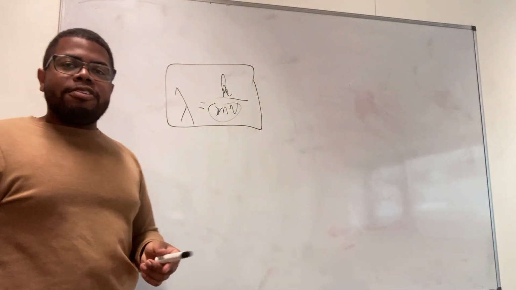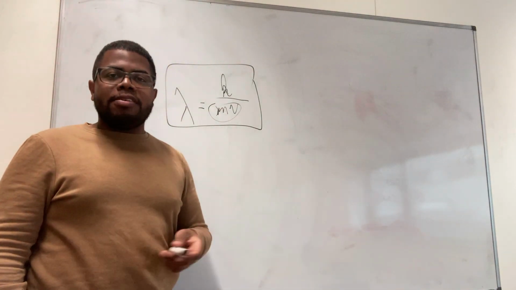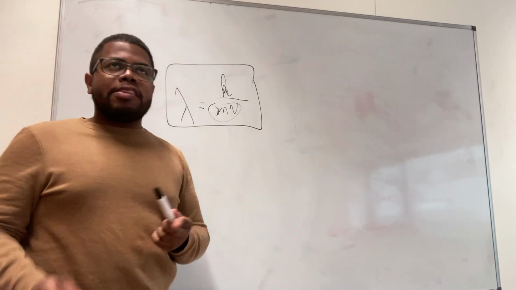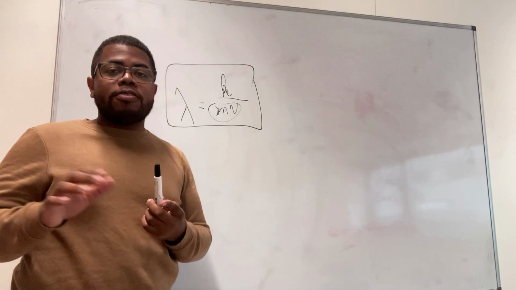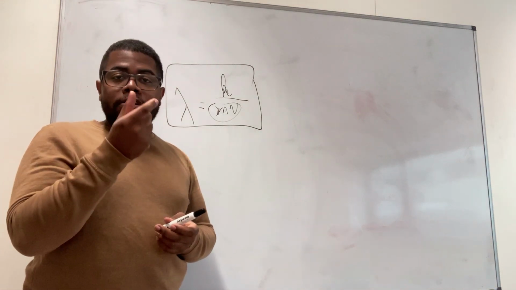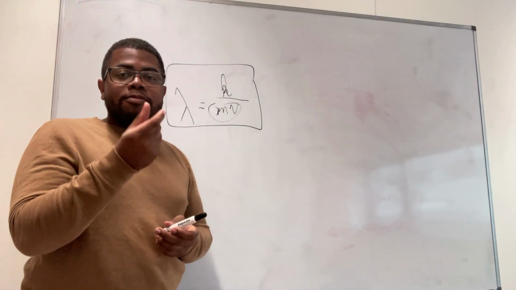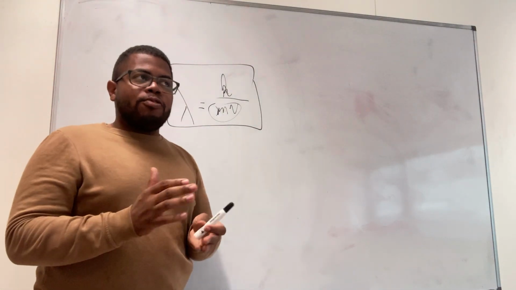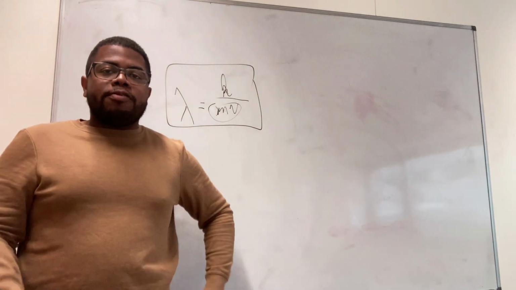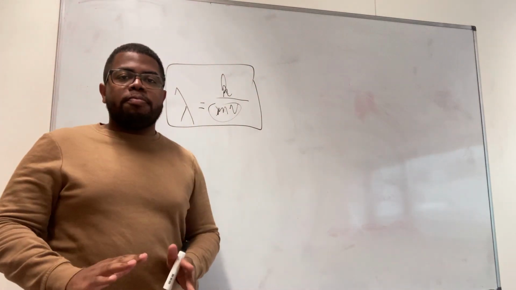And if you do the calculation, I remember reading that a person has a matter wave with some ridiculously small order of magnitude, smaller than even the nucleus of a hydrogen atom, so even smaller than a proton. So the wavelength you would get for a person is super, super small.